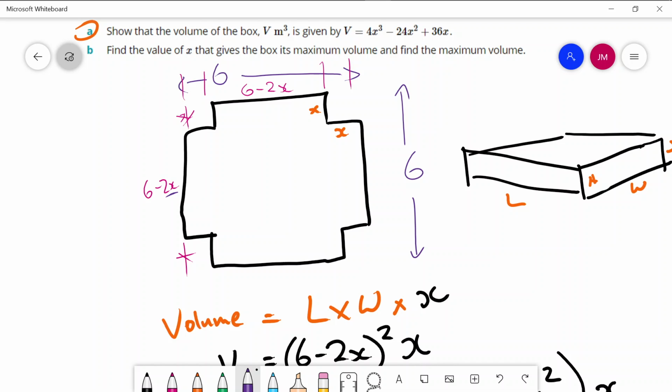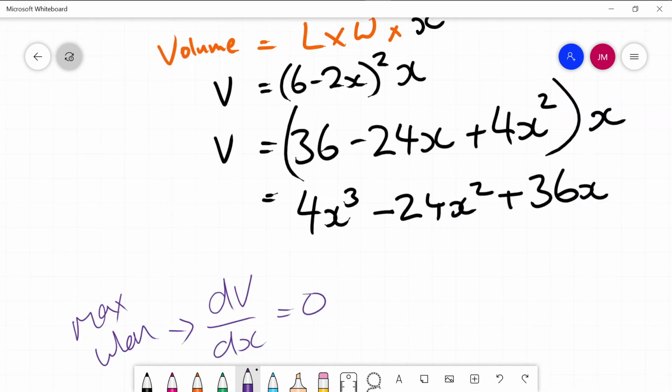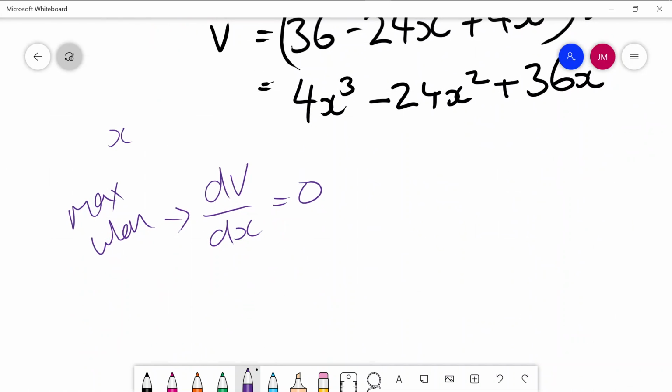So if x was 3, we'd have 6 minus 6, which is 0. Okay, so x has a maximum of 3, and we can't cut off a negative amount, because that means we'd be somehow pasting metal back on, and that's not the way it works. So we say x is going to be between 0 and 3. That might help us if we find, for this formula, there's going to be more stationary points that might be outside that range that we're just going to have to reject.